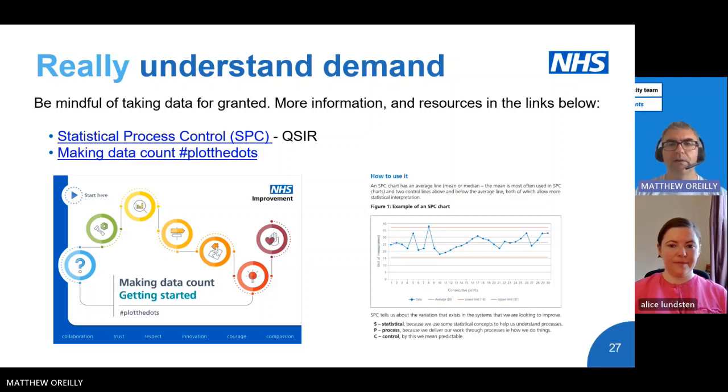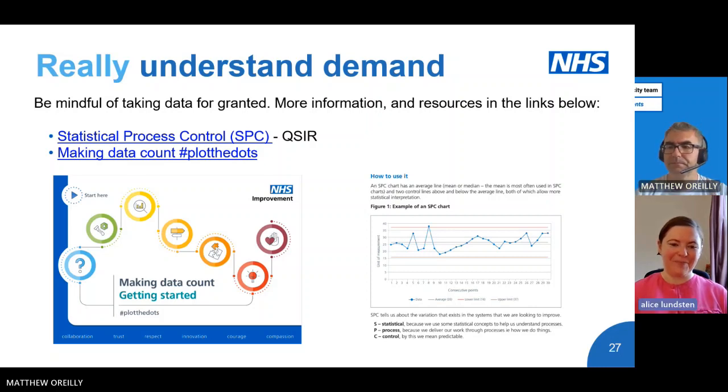However, there are some really great resources here about understanding data from our colleagues in the Making Data Count team and CUSA teams. I would suggest to have a look at some of these resources afterwards. There's some really useful hints and tips here. And I'm going to hand back over to Alice at this point.